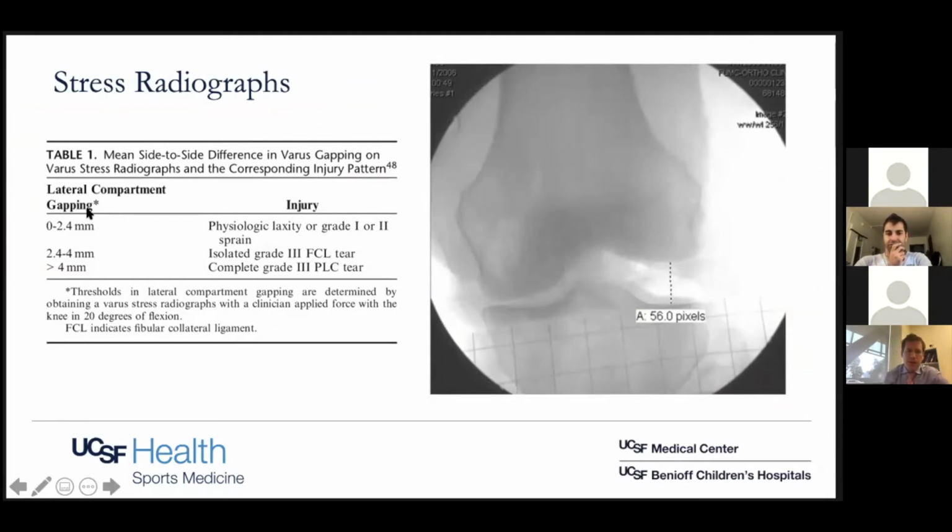This is just a guide for what is torn. So sprain or physiologic laxity, you get 2.4 millimeters, and then 2 to 4 would be an isolated LCL injury, and then more than 4 would be complete tear of the posterolateral corner. And then, obviously, on our fluoro, we don't have true measurements of millimeters.